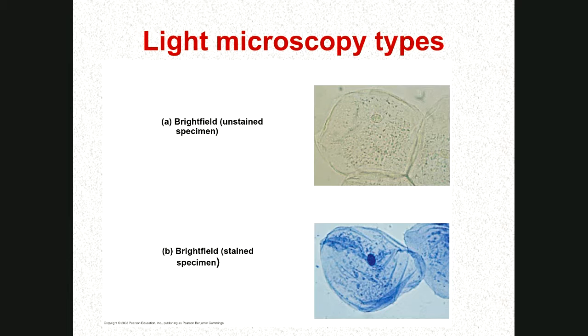The advantage of electron microscopy is that you can look at the ultrastructures of the cell. For light microscopy, it's very limited. I cannot look at the ultrastructures. I can look at the nucleus and the cytoplasm, but I need a specific staining for those.